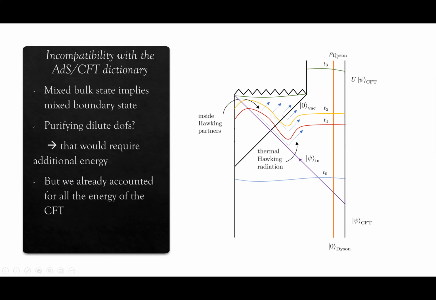And so the energy should be the same on the CFT. So it seems like I don't have any room in the CFT for this purification. And hence, since I have no room for the purification, I'm left with a mixed state at the boundary. And so I get a direct contradiction.